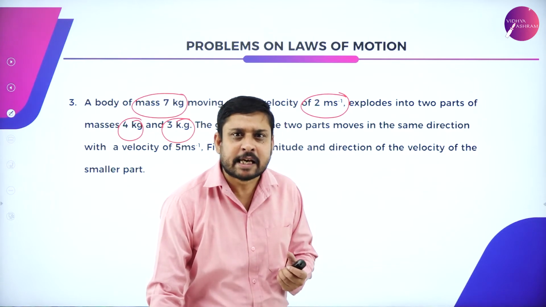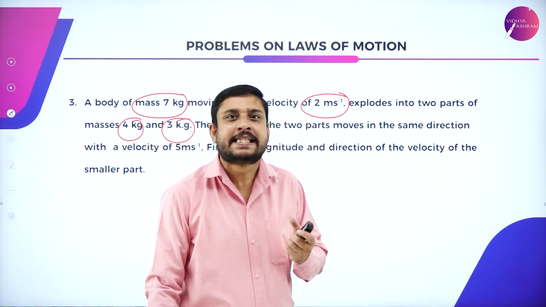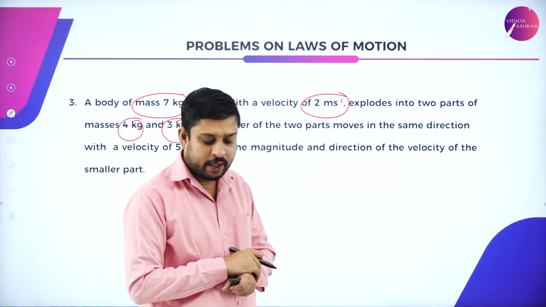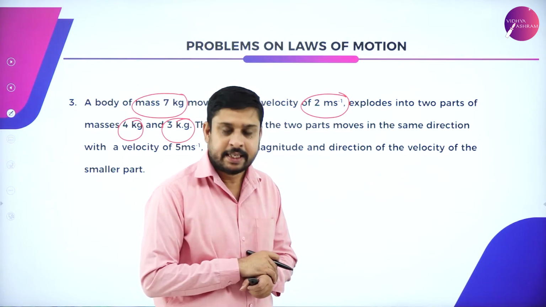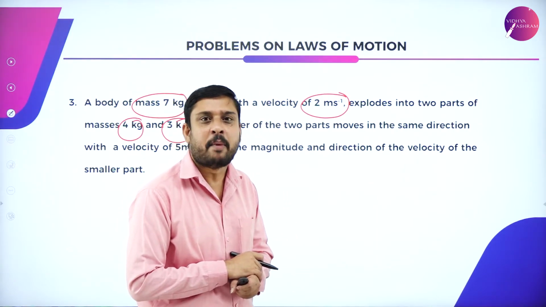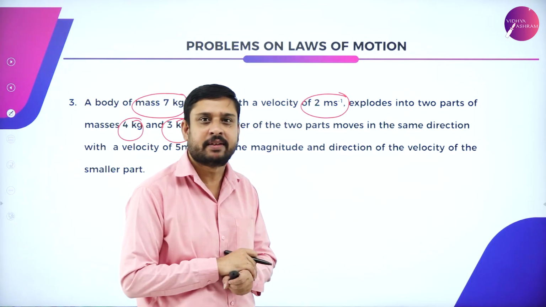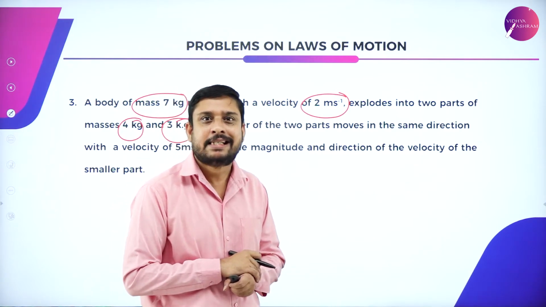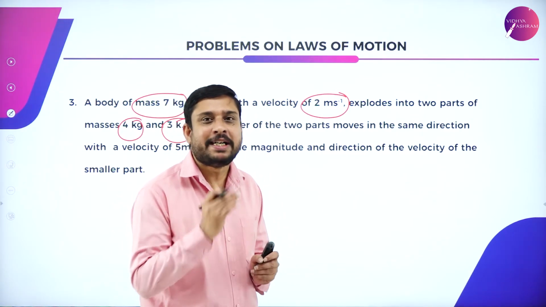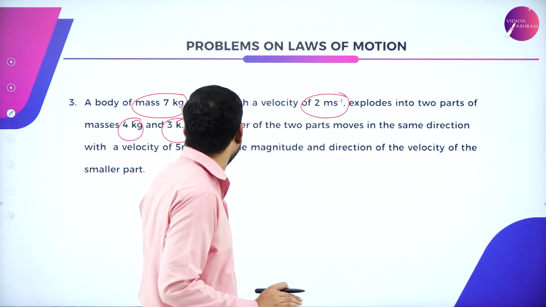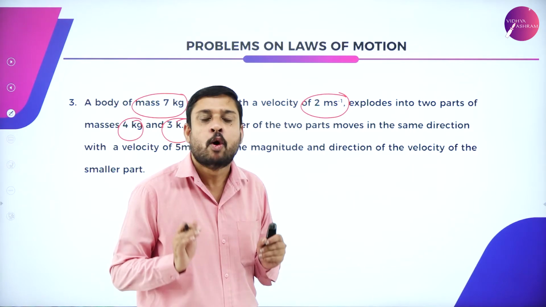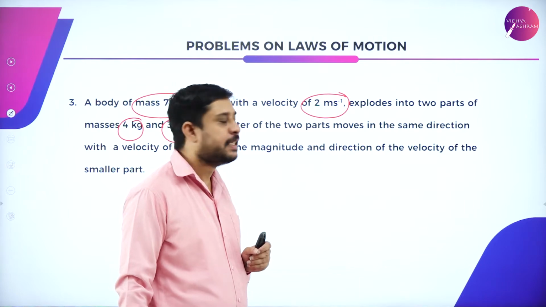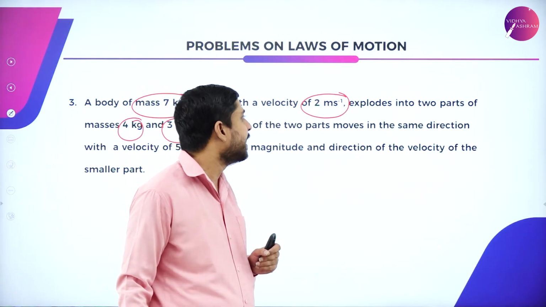So, there is a body whose initial mass is 7 kg. Initial mass means to say the mass before collision. Now it explodes and that mass is broken down into two fragments. One part has mass 4 kg and the other has mass 3 kg.